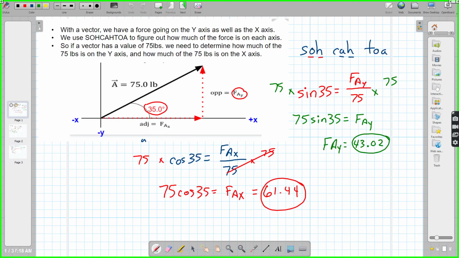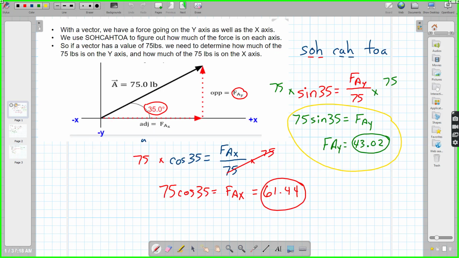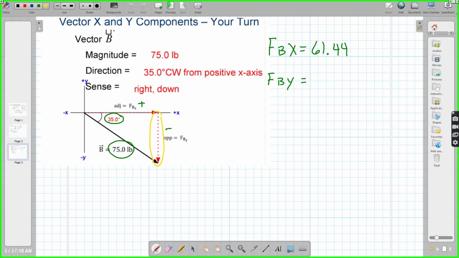Here was our previous calculation of FAY right here, and we came out with 43.02. In this case, we know that has to be negative, because if we go back and look, we're looking at a negative direction there. So really, it's the same number, 43.02. However, we're going to have to throw a negative sign in front of it.